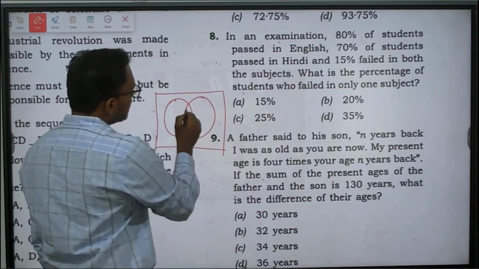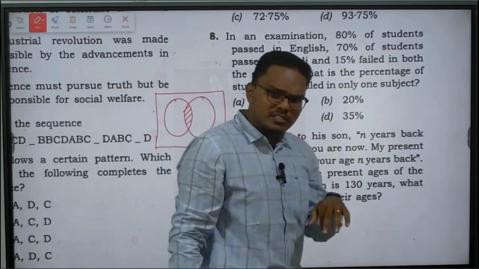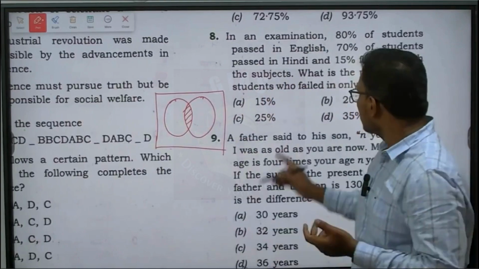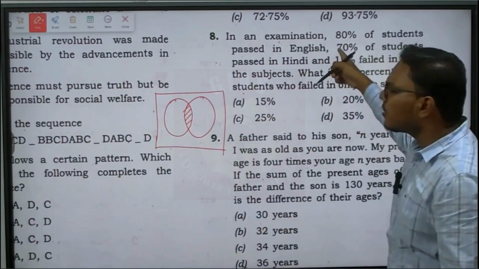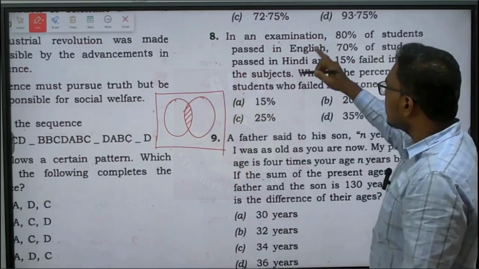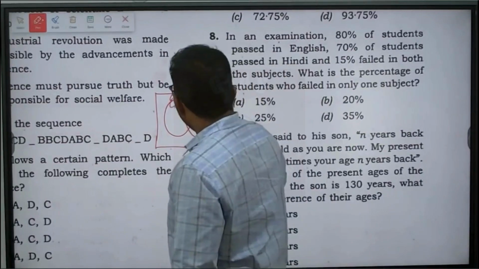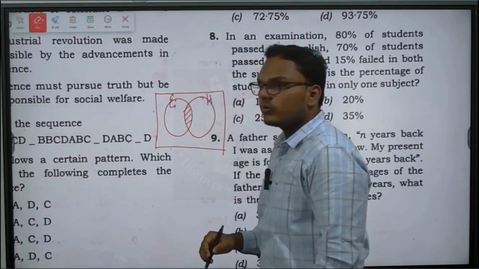Because there should be some overlap here, because some students would have passed both, right? If you add these two, you get 150, but the total is 100, which means some people have cleared both.